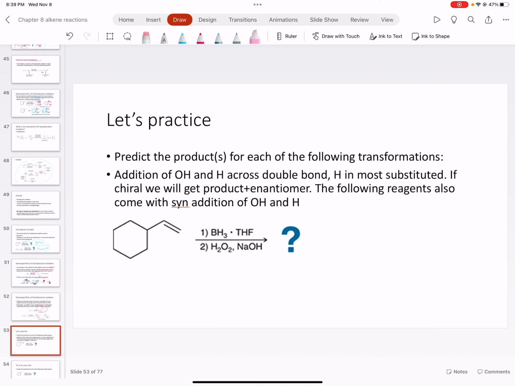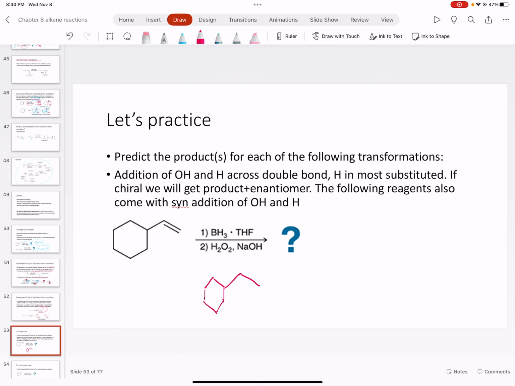So then let's practice. Okay, predict the products for each of the following transformations. And let's see.